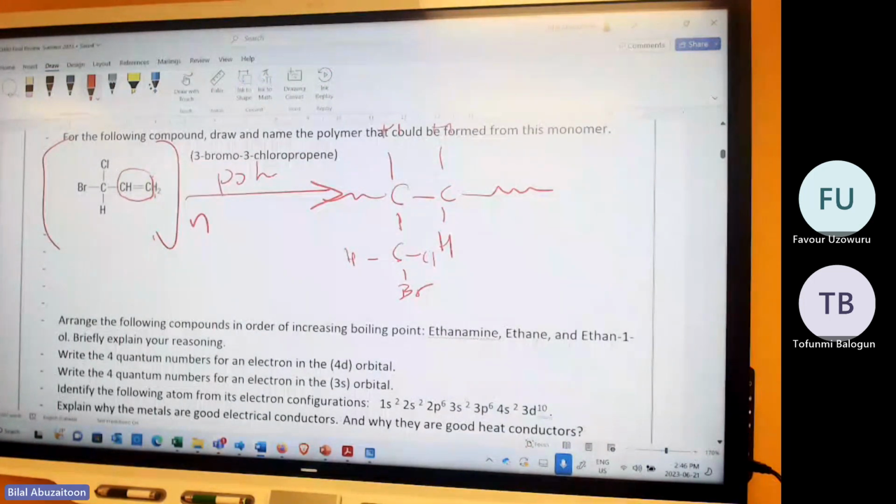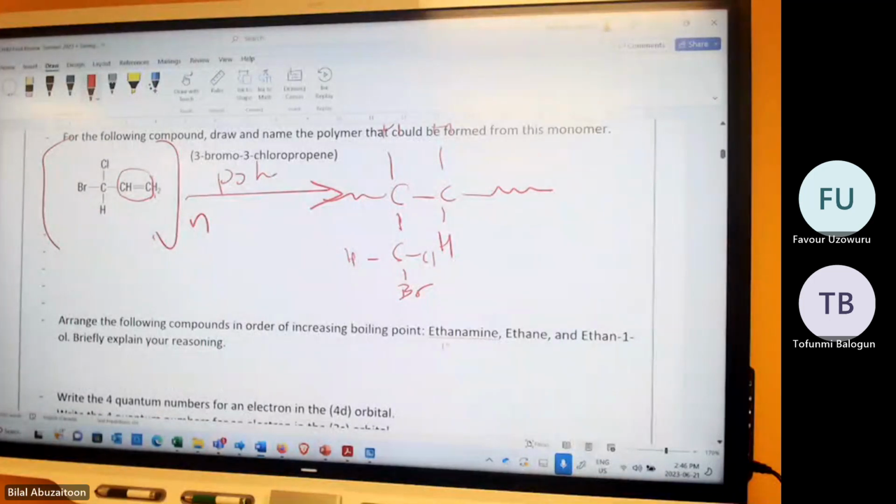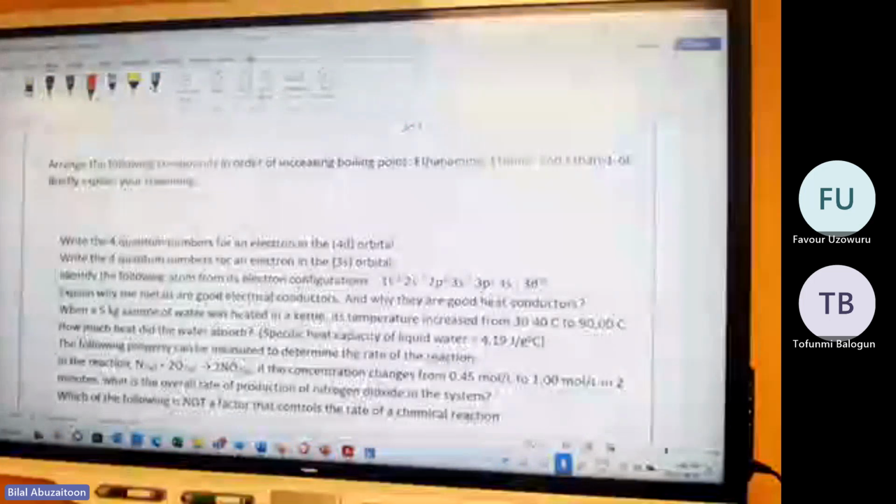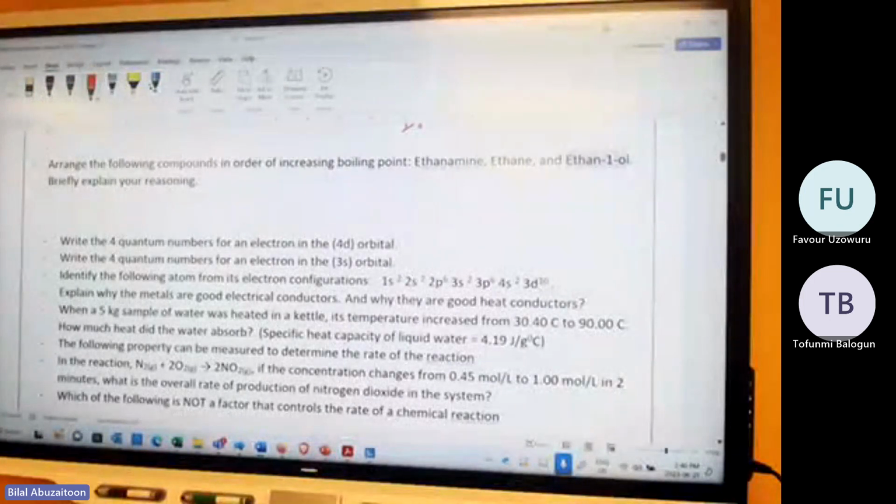Arrange the following compounds in order of increasing boiling point. Which one has the lowest boiling point? Ethanamine, ethane, or ethan-1-ol.